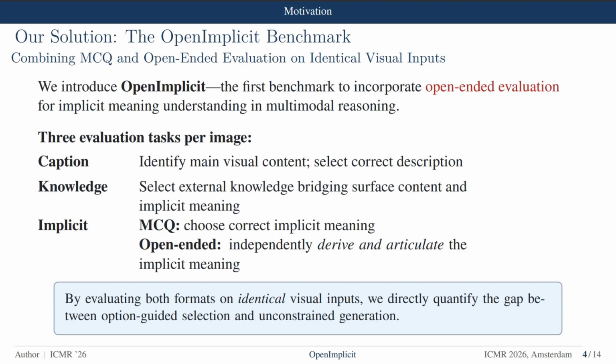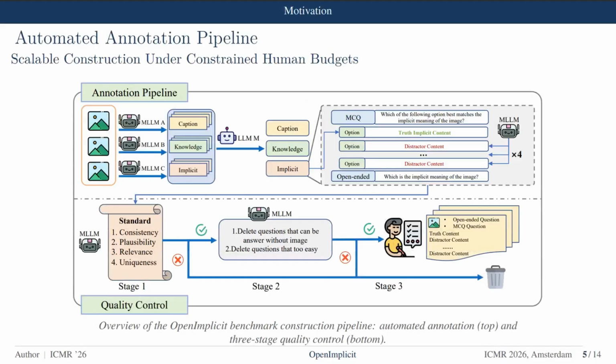The former asks models to select the correct implicit meaning, while the latter requires them to derive and articulate it independently.